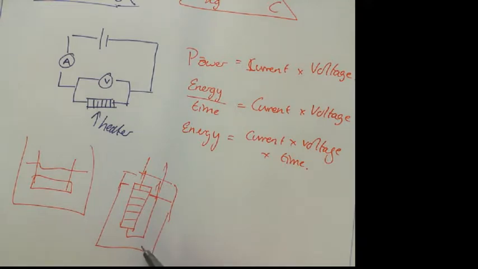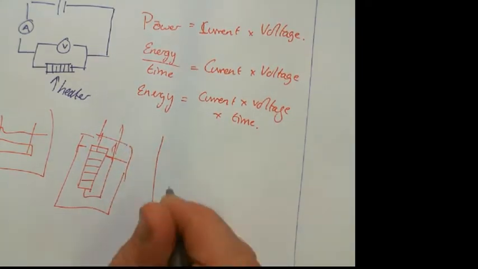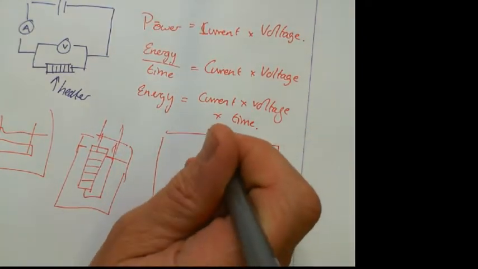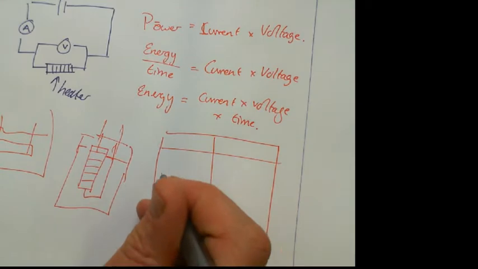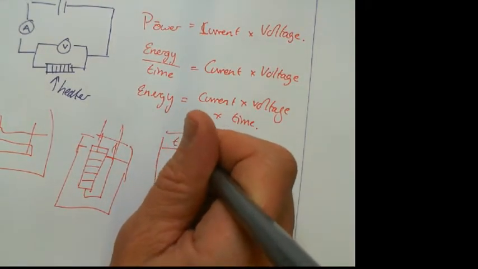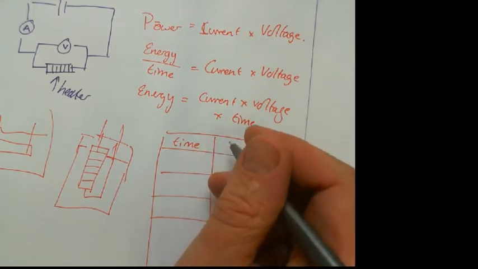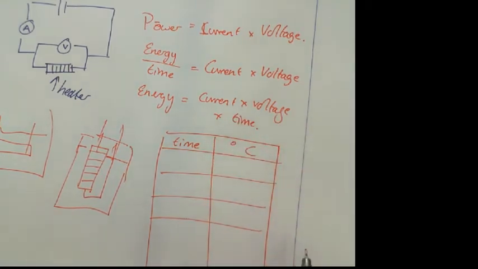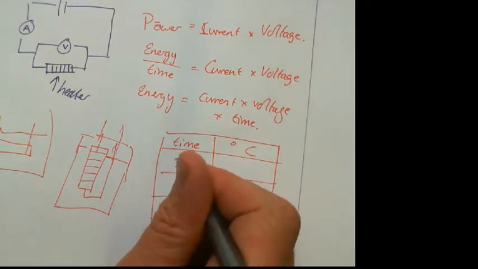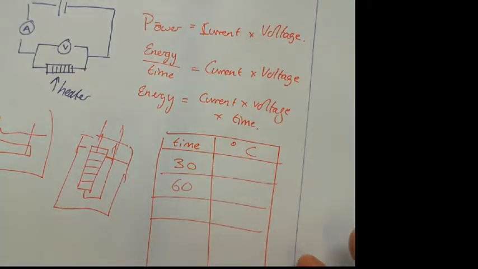Both methods would work. Okay, and then what you're going to be doing is recording how long, so time, and you're going to be recording what the temperature is. So, and I don't know, every 30 seconds maybe. It would depend on how much of the substance you've got and how much energy you're putting in, whether that's sensible.